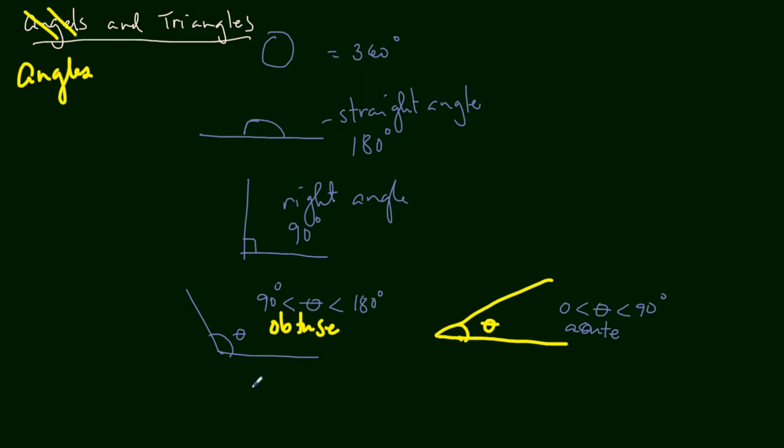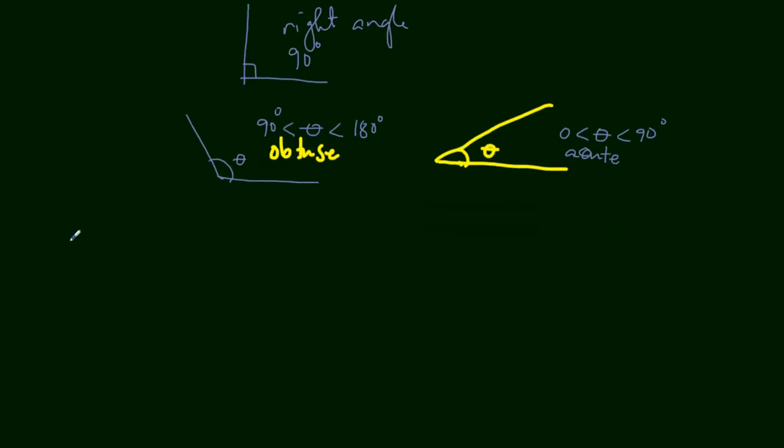If we continue, if I have a right angle, and I'm going to divide that into 2 or 3, and I call these angle A and angle B, then angle A and angle B are called complementary.